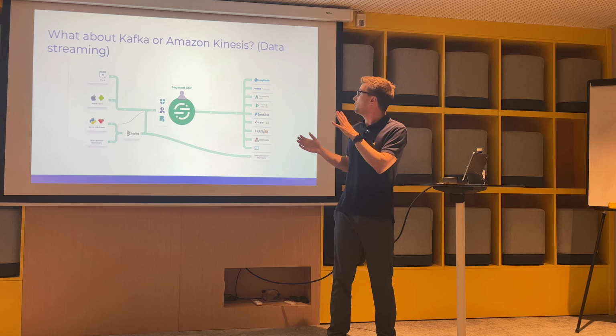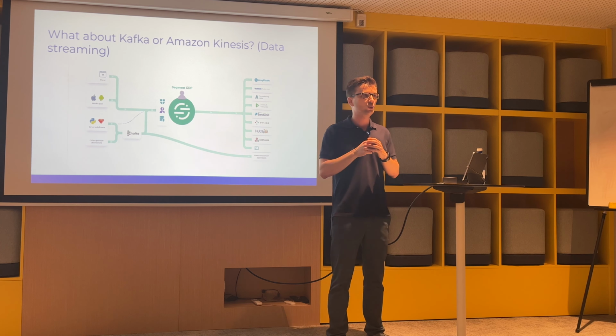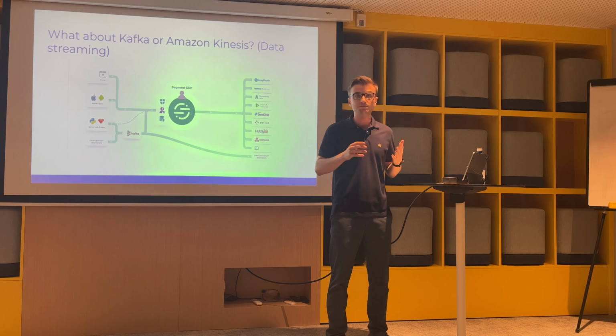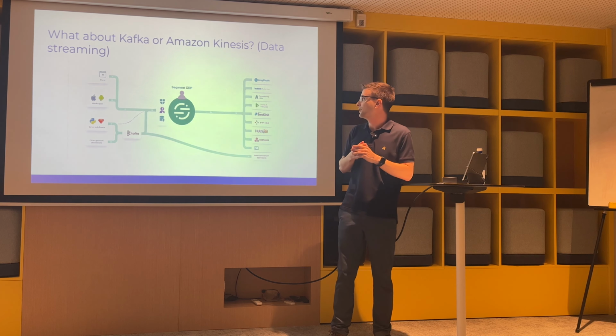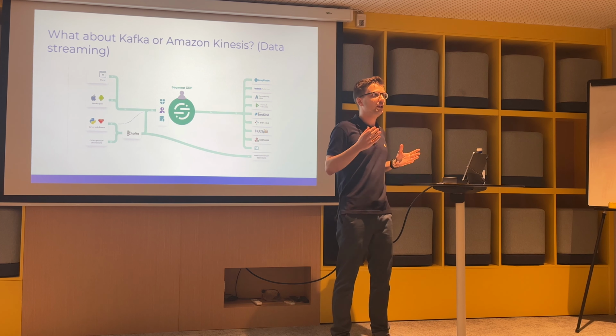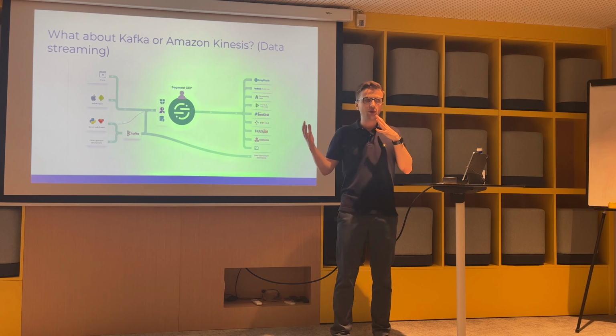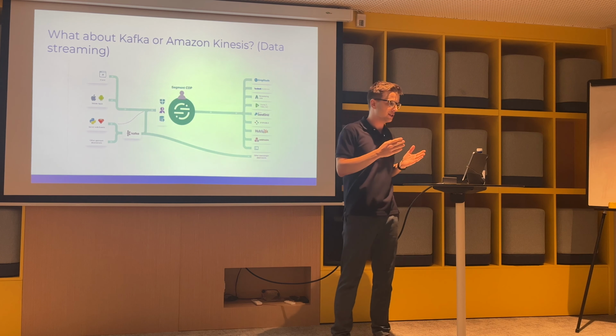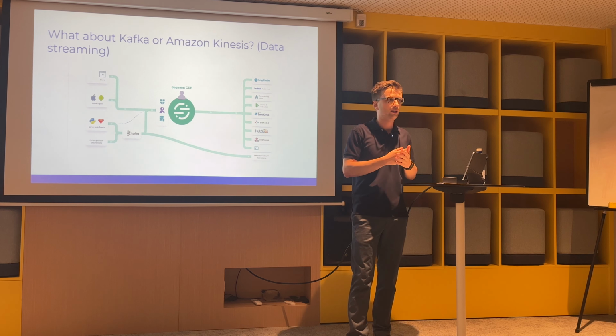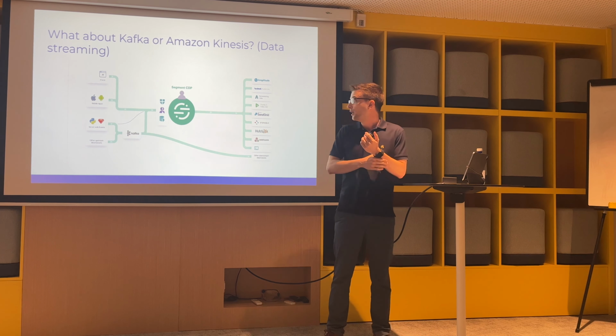So data streaming is the cool kid on the block as well. Services like Kafka and Amazon Kinesis, and some of you are already using it, which is why I thought it would be worth mentioning as well. So how can it work together with Segment, and what are the specific benefits that are applicable in this case?